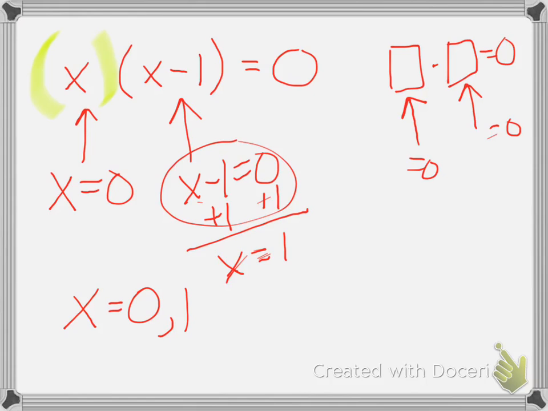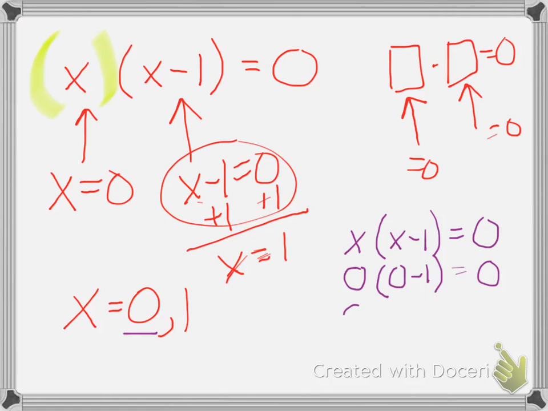I know that because I can check my answer by taking the original equation and seeing if it makes it true. So I'm going to put 0 in there first. So 0 times 0 minus 1, 0 times negative 1. So one of my products was 0, which 0 times negative 1 is 0.